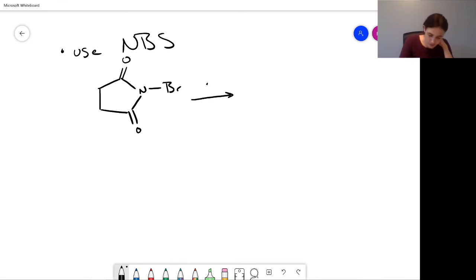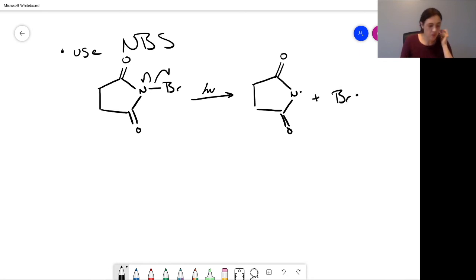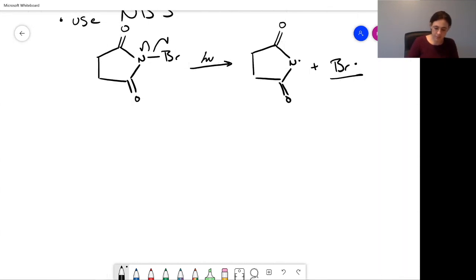So this in light undergoes homolytic cleavage to form small amounts of our bromine radical. So let's look at how this works in a reaction.